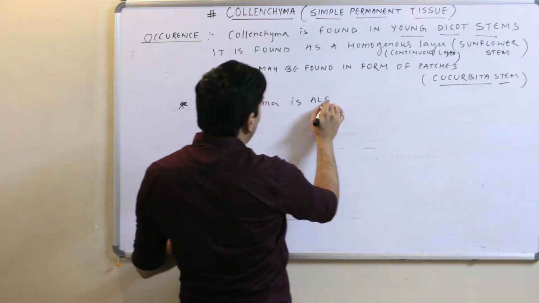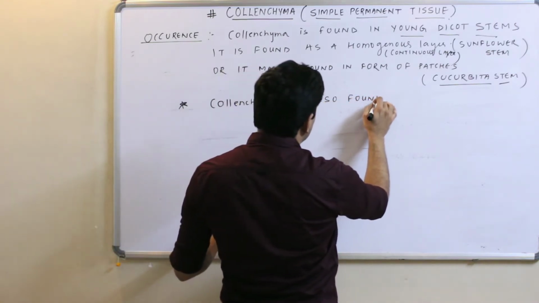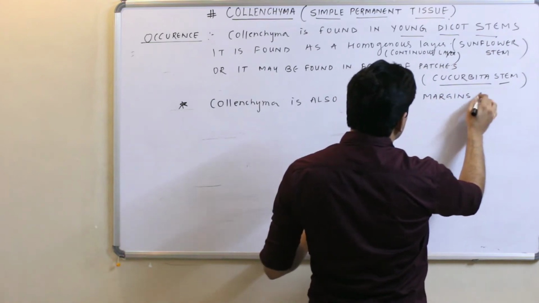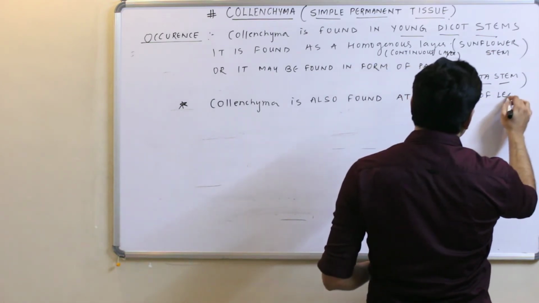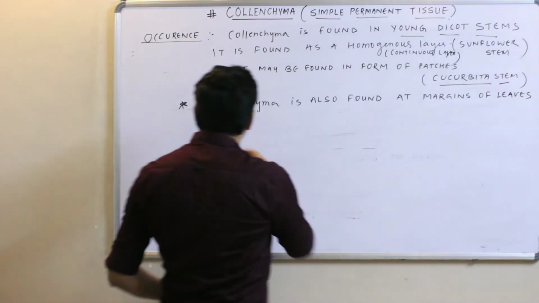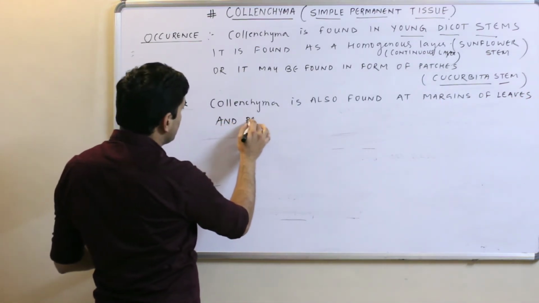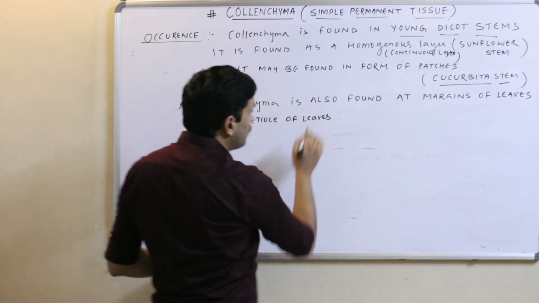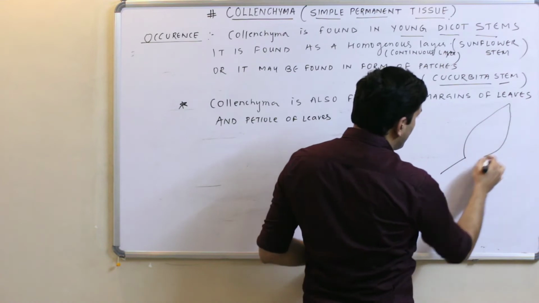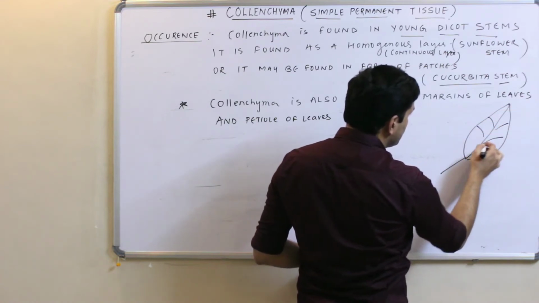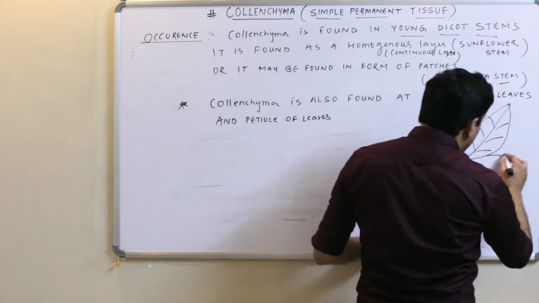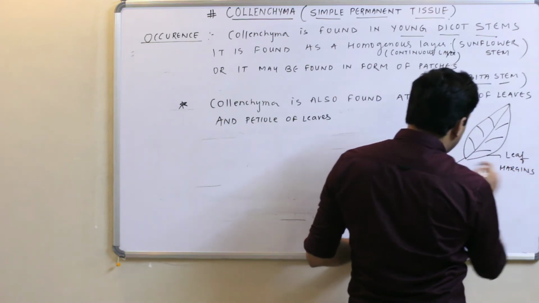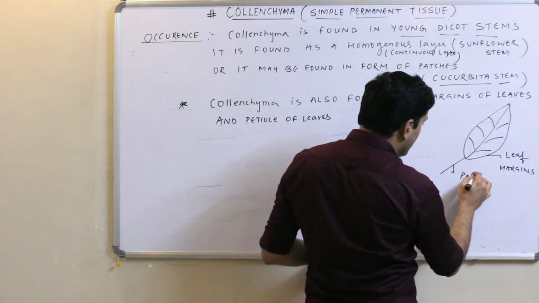Alright. Now this collenchyma is also found at margins of leaves and petiole of leaves. You know what petiole is? Say if this is the leaf, so these are the leaf margins, and this is the petiole.